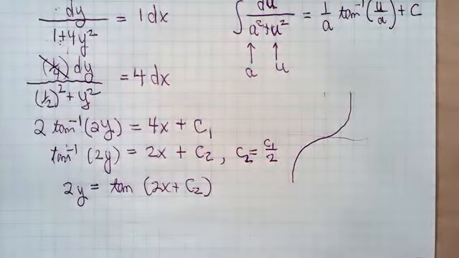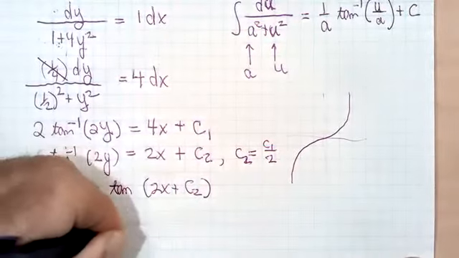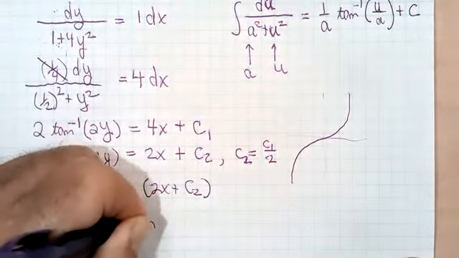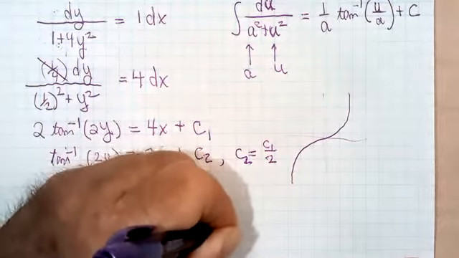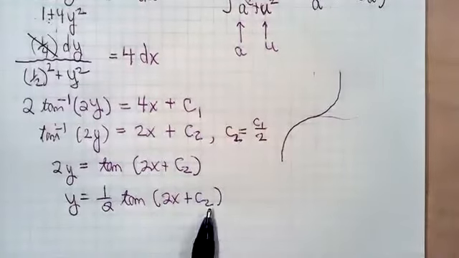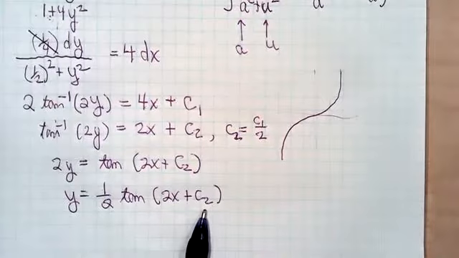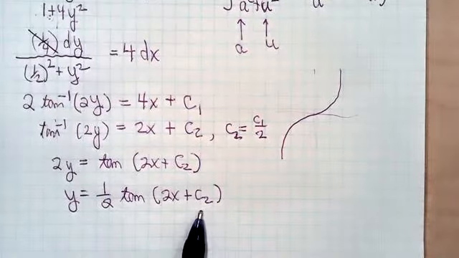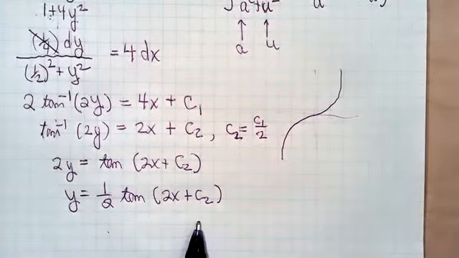And then if we divide it through by 2, we would have an explicit solution. At this point in time, I didn't notice any need to restrict this constant at all. So I think we're good to let that be whatever it is. Okay, now that tells us that our solution is a tangent curve.